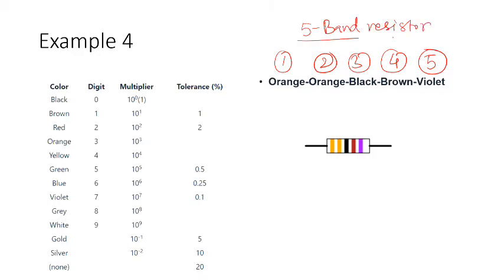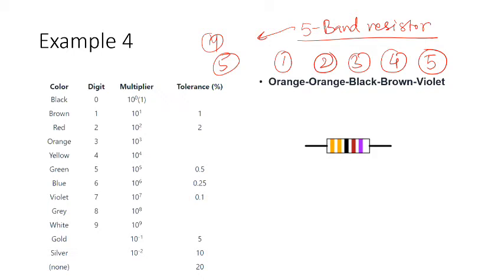I've told you earlier also, in your lab work, you will generally see 4-band or 5-band resistors, although there are 6-band resistors also, and the 6th band defines its temperature coefficient, but they are generally used where more accuracy on the value of resistance is required.